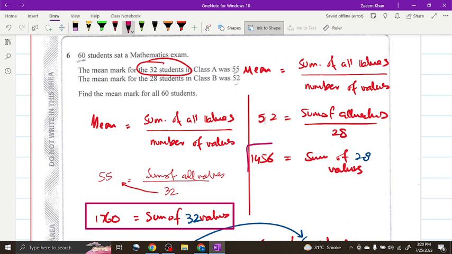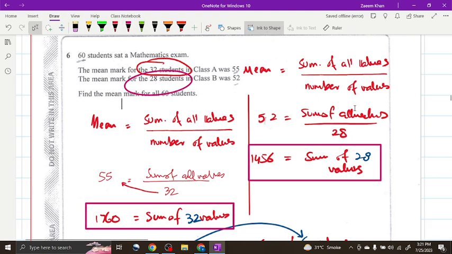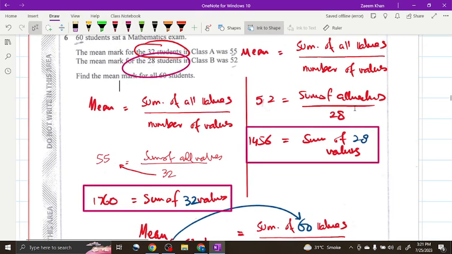And what does 1456 represent? The sum of all values for the second one, 28 students. Perfect. The sum of all the scores that 28 students have scored in the other class, class B. Now, what do we do with these sums?